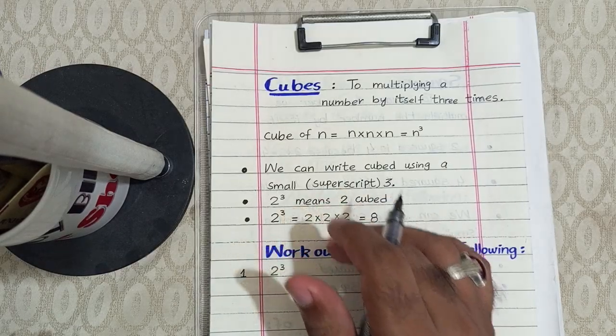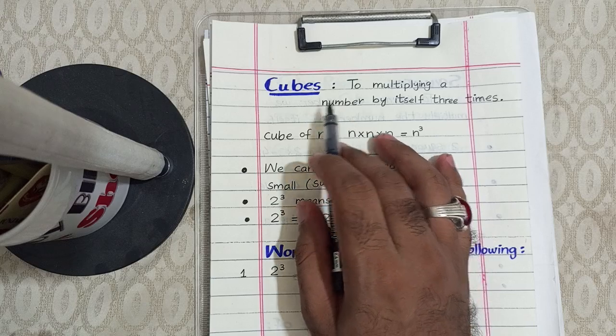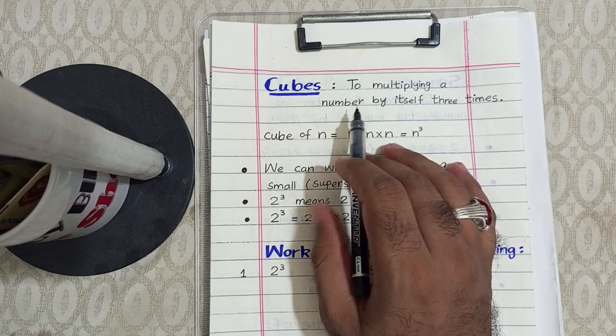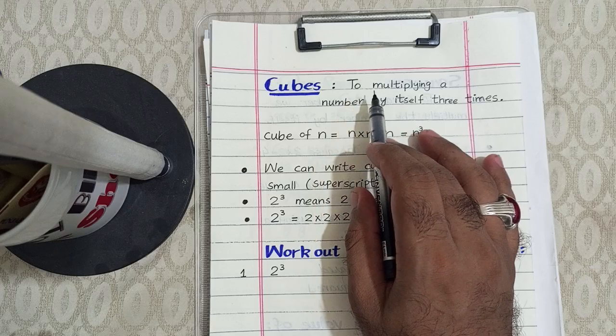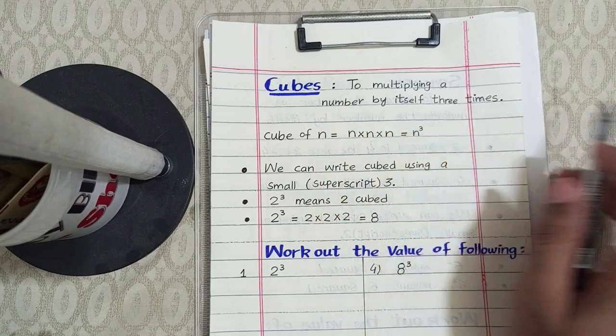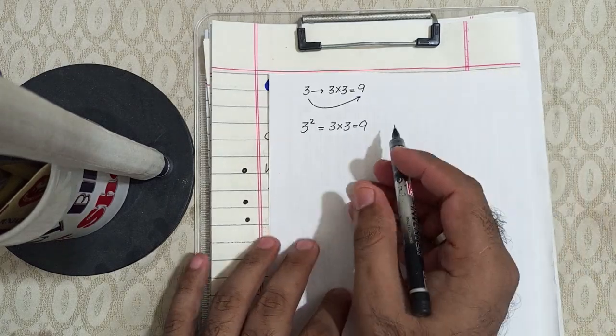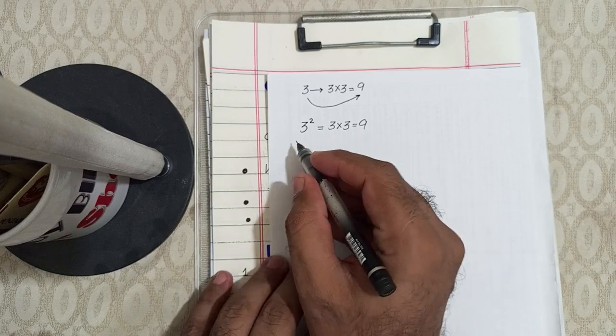Now our next topic, cubes. First of all, what is a cube? In a cube, we multiply a number by itself 3 times. For example, what is the cube of 2?